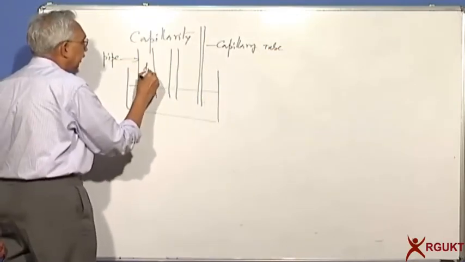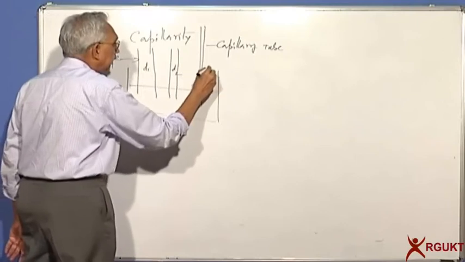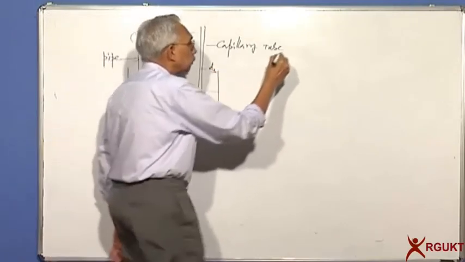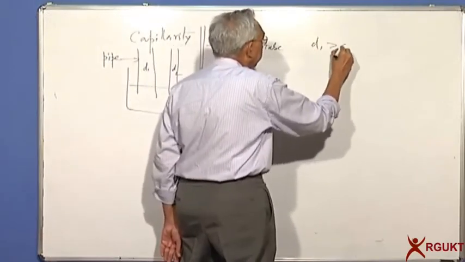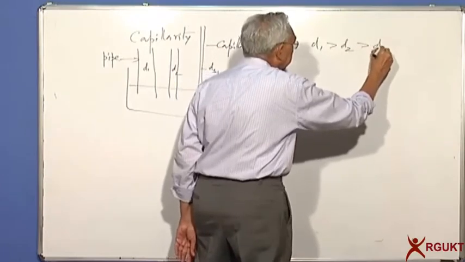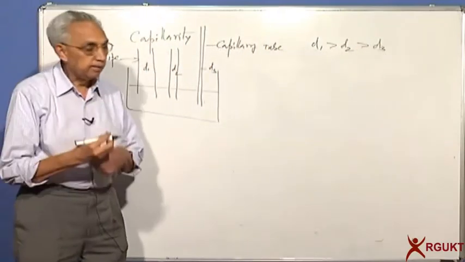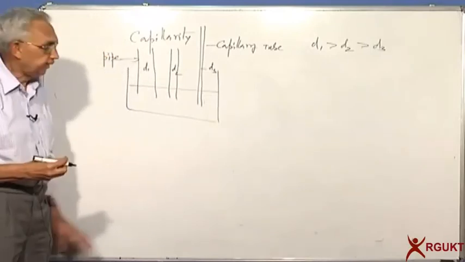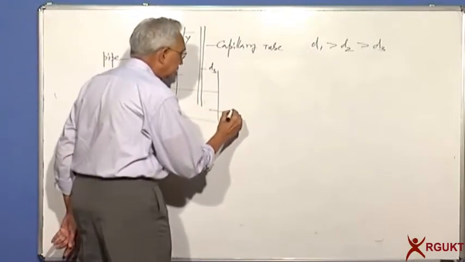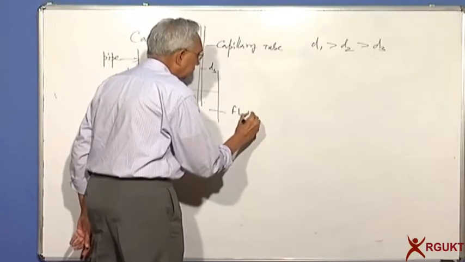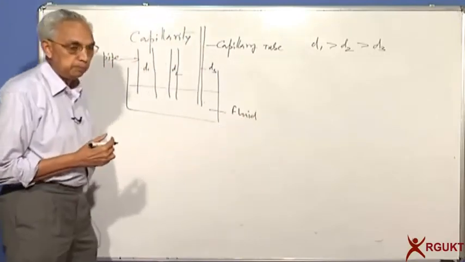So let me call them D1, D2, and D3. D1 is greater than D2, greater than D3. What will be the water level in the three tubes? This is any fluid. It can be water or any other liquid you want to put in.